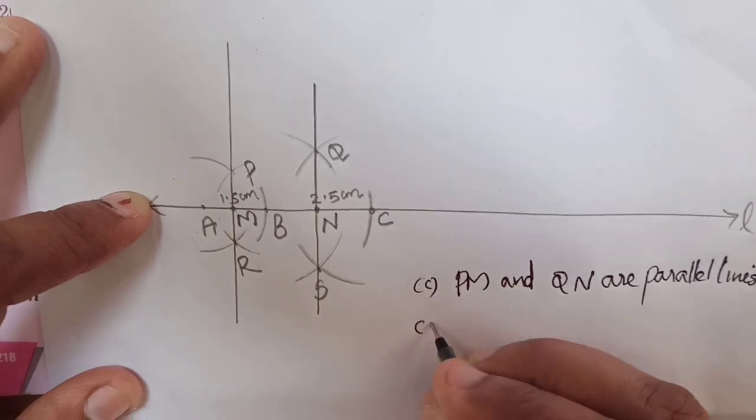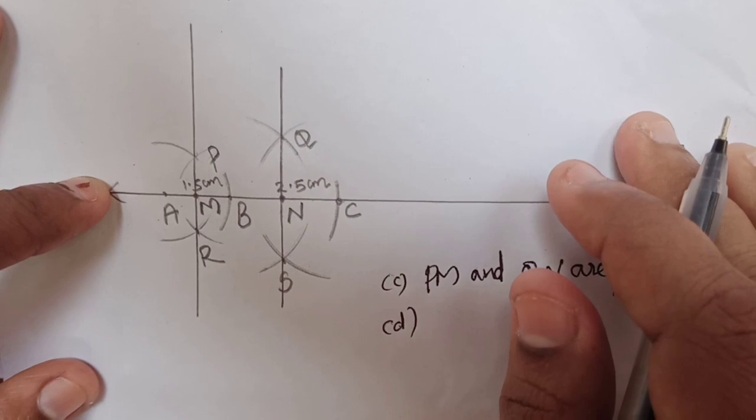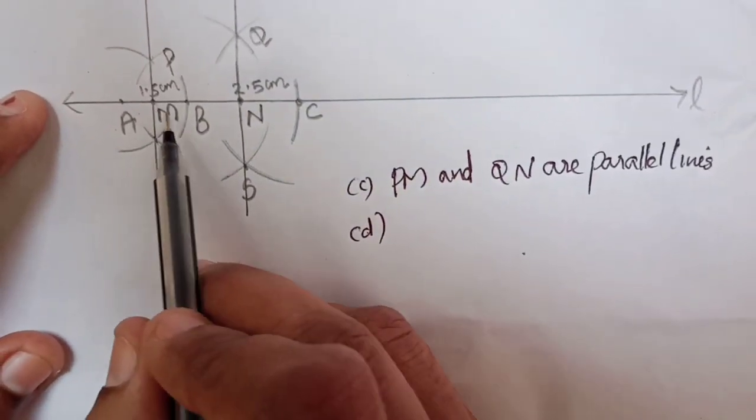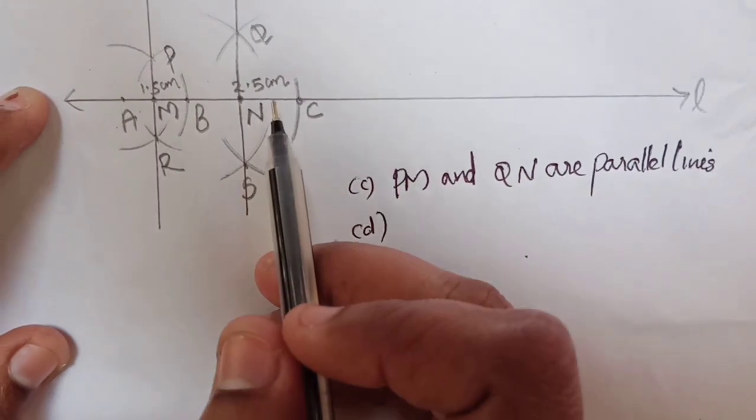Then option D, what is the relation between the lengths of MN and AC?